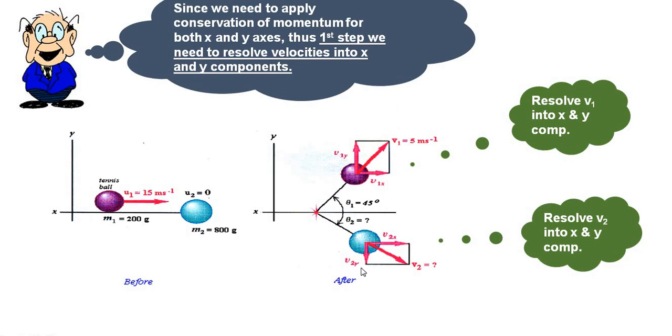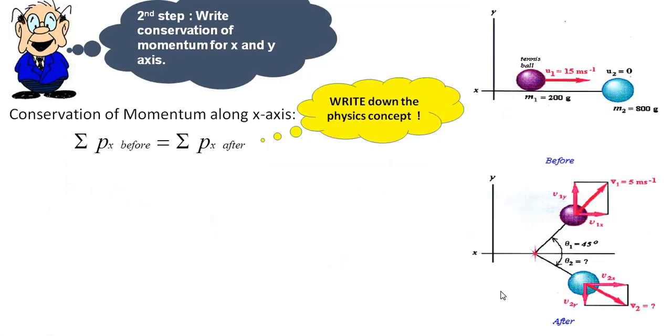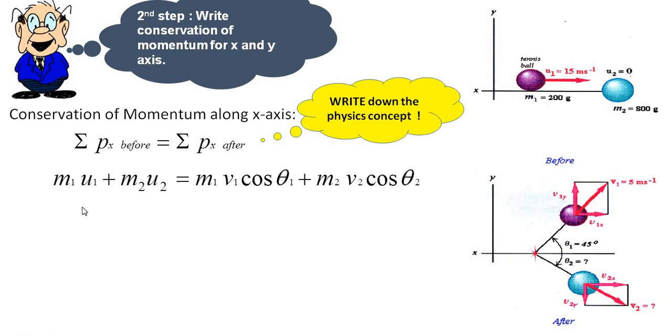For objects moving to the left or downward, we must insert the negative sign. Then we write down the related physics concept: summation of px component before collision is equal to summation of px component after collision. Look at this diagram.